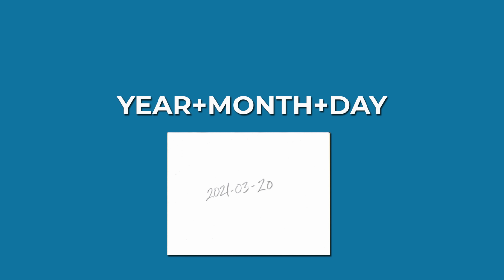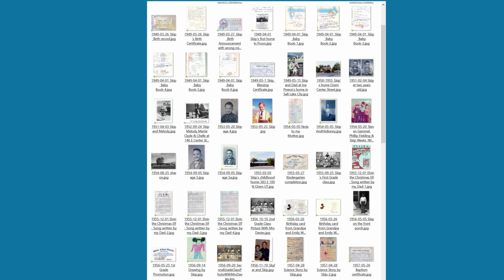The great thing about this date format is that when you scan and name the scanned images, you can begin your file names with this date. This will cause your computer to automatically sort them by year, month, and date order when you save them on your computer. You will appreciate this when you start including them in your life story, I promise.